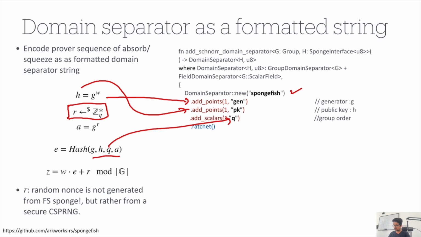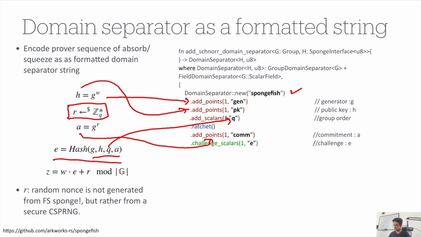And then you ratchet, which is some state-clearing operation for basic security. And then you add the commitment, which is a here. And finally, when you want to generate the challenge, you call the squeeze operation. You define some function, challenge scalars, and finally you also want a response, which is z.